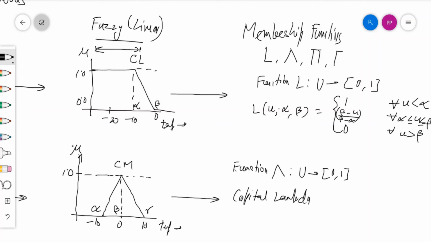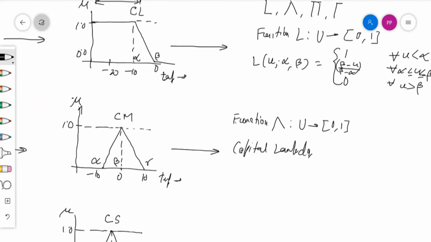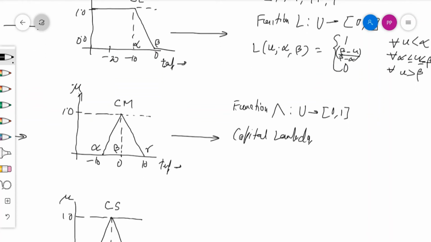Capital lambda is defined as, because it is a function of u as well as alpha, beta and gamma, so we can define it as follows.